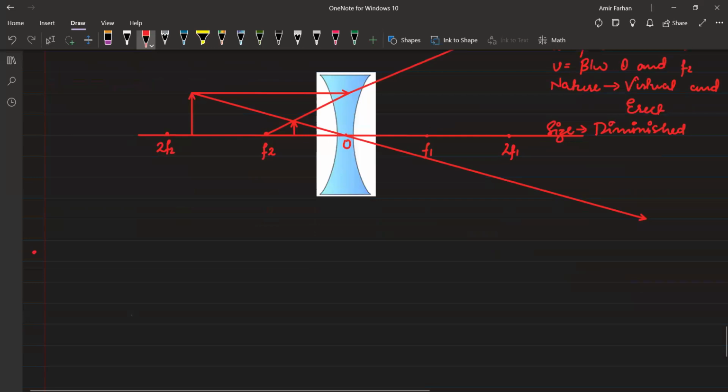Now let's move forward to the uses of convex and concave lenses. The first use is that the concave lens is used to correct the eye defect called myopia.